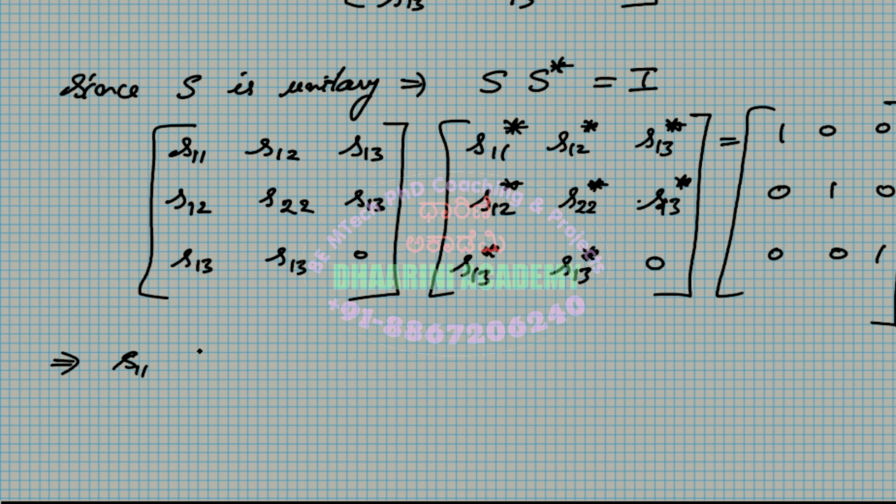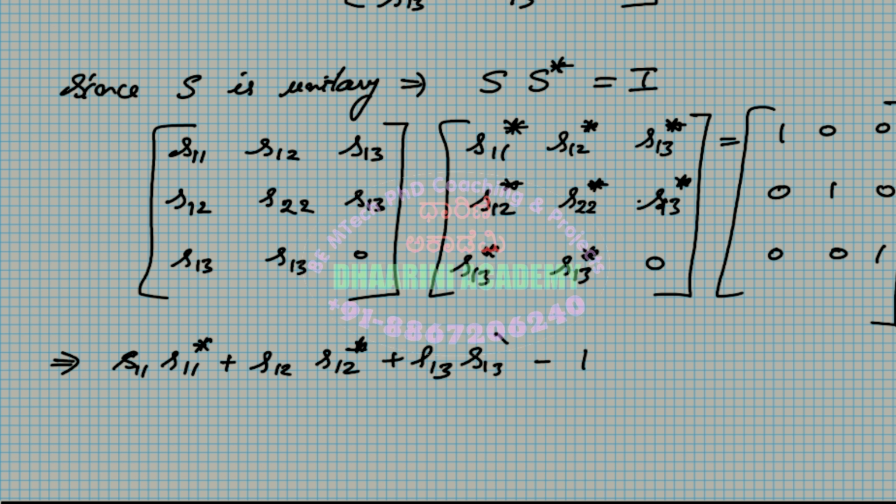So this implies S11 into S11 star plus S12 into S12 star plus S13 into S13 star. How much is that equal to? On the right hand side, you can see that this is equal to 1, right?